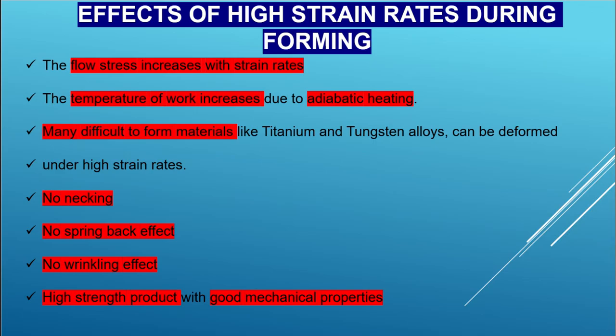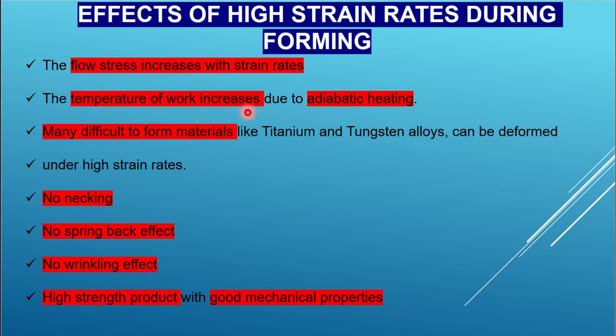The previous slide was about the characteristics, and this one is about the effect of high strain rates during forming. When we give high strain rates during forming, what happens? Here you can see flow stress increases with strain rate.